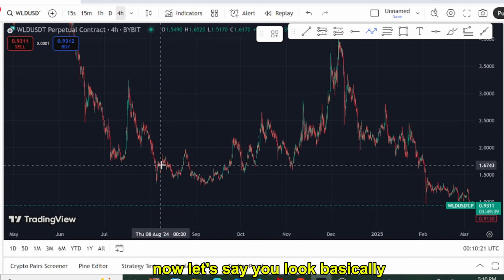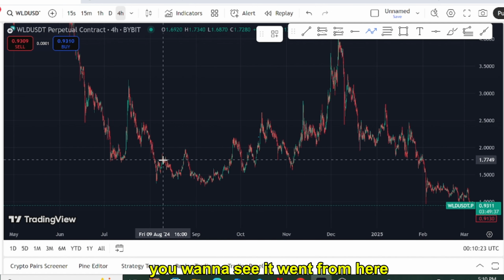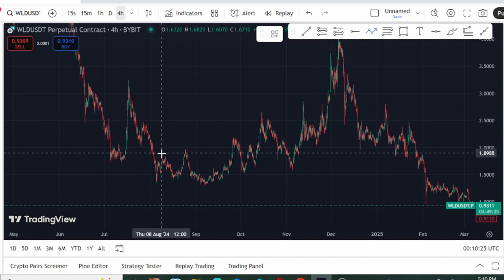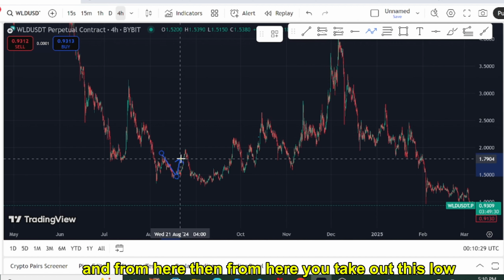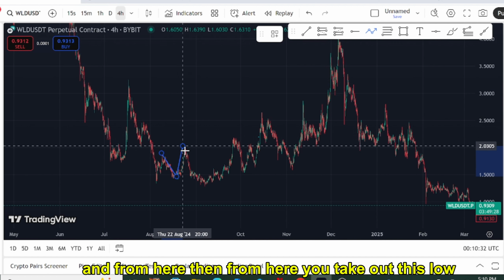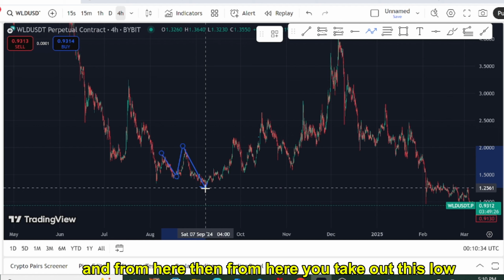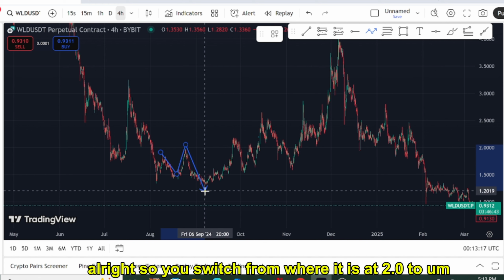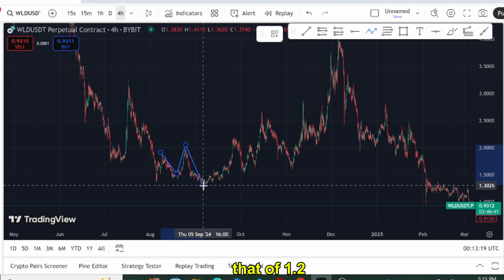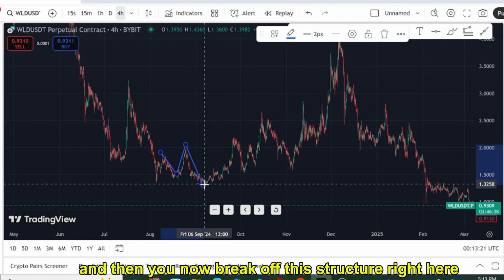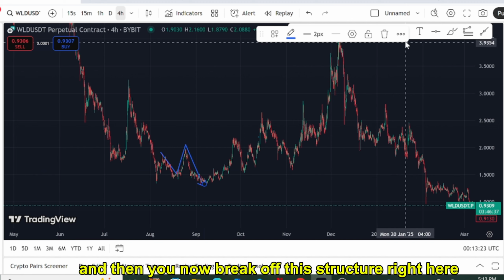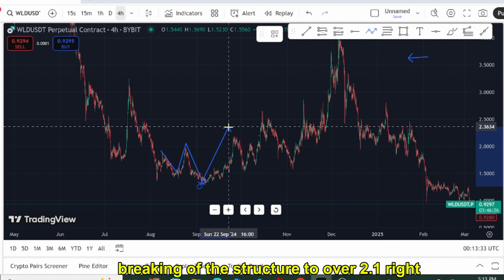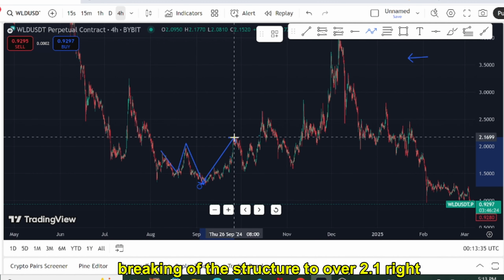Now let's say you look, basically you want to say it went from here, then from here it took out this low. So it swept from where it is at 2.0 to that of 1.2, and then it broke off this structure right here, breaking off the structure to over 2.1, right?